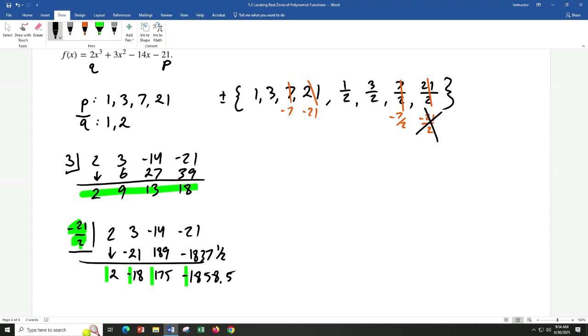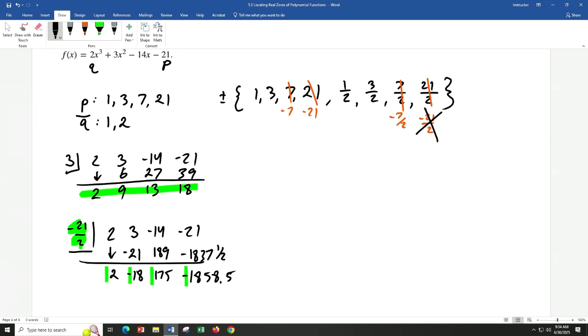Now, I picked a very large number, okay? But think about it. Negative 21, 2 will go into that 10 times. So could we also say that negative 21 is also going to be off our list as well? Yeah, because it can't be any lower than that, right? So think about it.